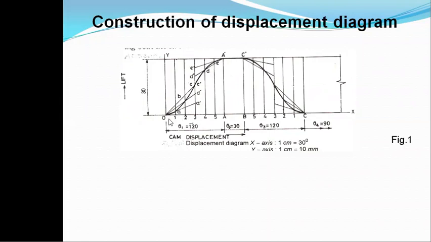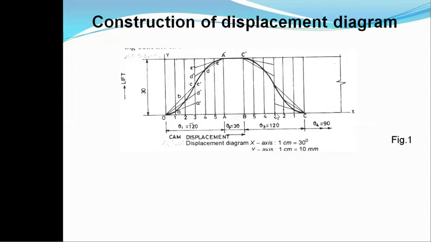After having points A, B, C, D, E and joining with O and A dash, we get the displacement diagram, which shows the double parabolic shape. This is the displacement diagram for the outstroke.